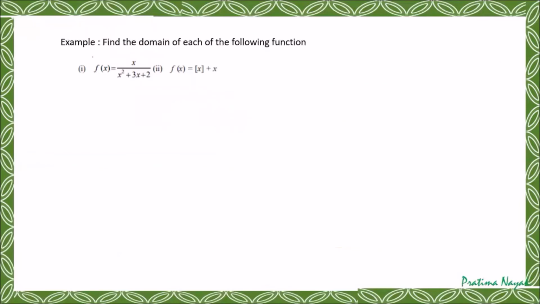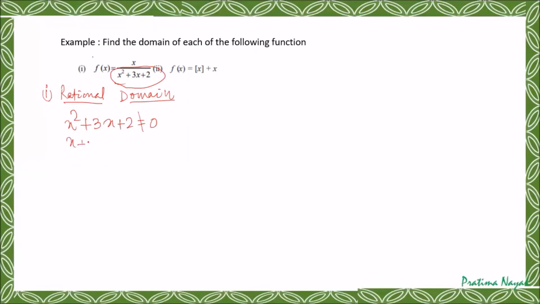First I am taking two examples. Here f(x) is equal to x by x square plus 3x plus 2. This is a rational function, or a reciprocal function. For the domain, you have to see only that the denominator is not equal to 0. x square plus 3x plus 2 should not be equal to 0, otherwise the function cannot be defined.